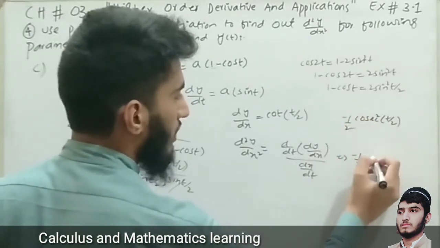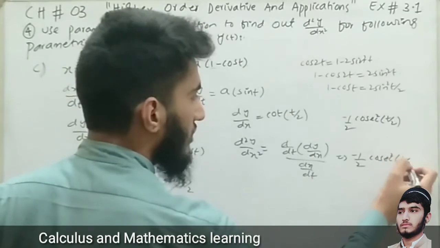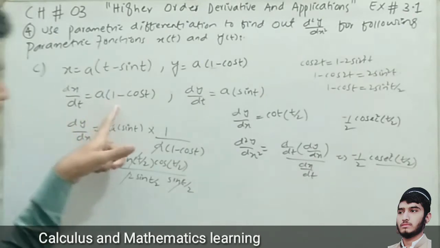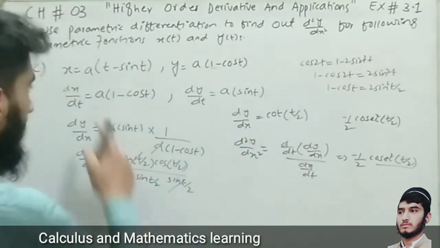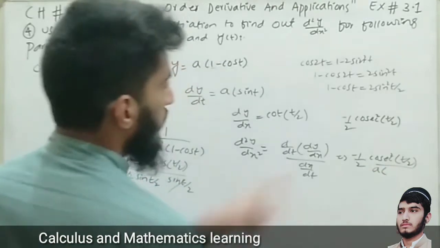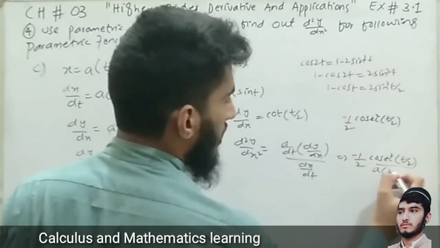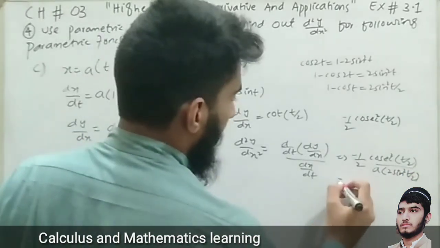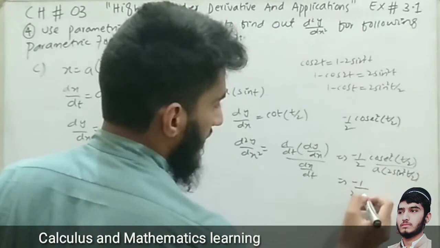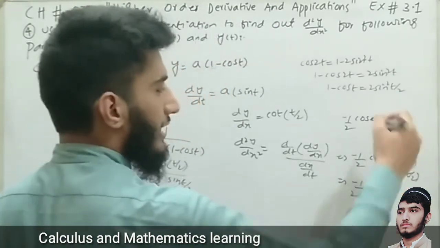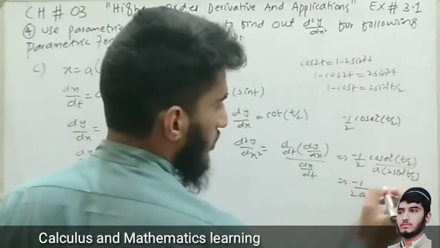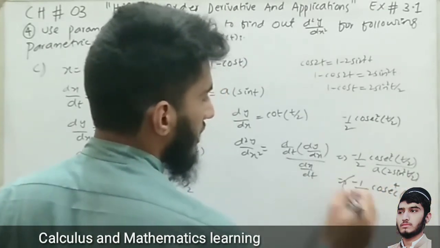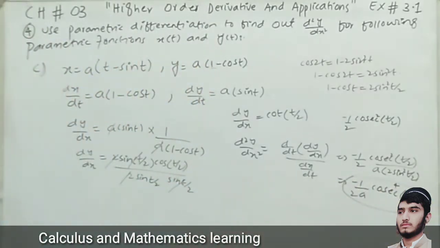So put here minus 1 over 2 cosecant square t/2, divided by dx by dt, which is a into (1 minus cos t), which can be written as 2 sin square t/2. Now after this it will give us minus 1 over 2 into a in the denominator, and 1 over sin square t/2 can be written as cosecant square t/2. So it will give us cosecant power 4 of t/2. So this is the required answer for part number C.